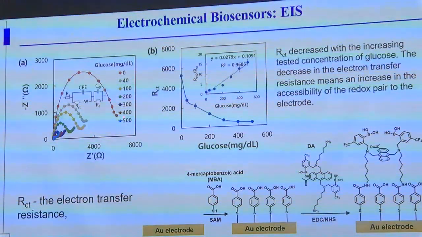And then the second is the gap from here to here. That is your RCT, the charge transfer resistance. These two parameters are very interesting for any electrochemical reaction.